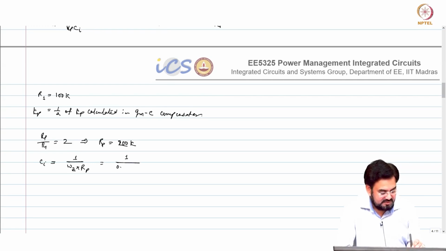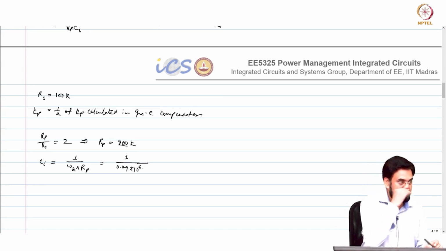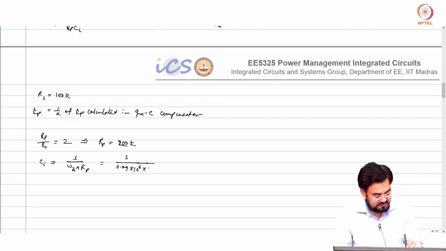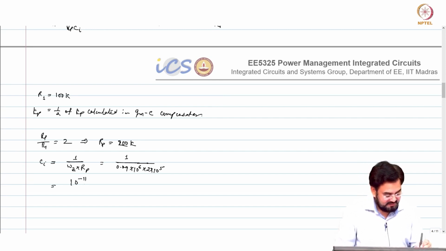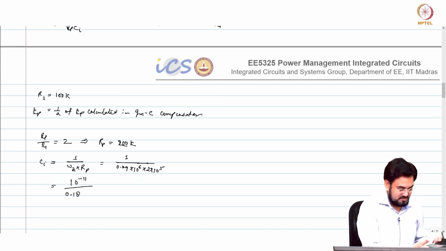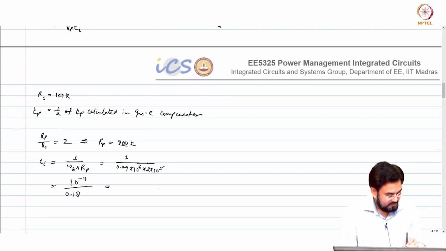This was 0.09 omega naught by 2, so this becomes 10 power minus 11 over 0.18. How much is this? 55 picofarad.